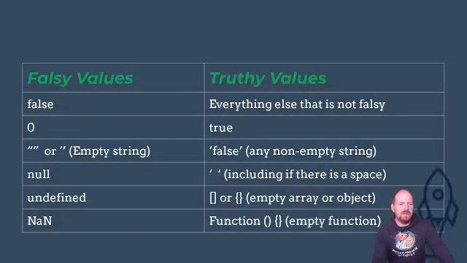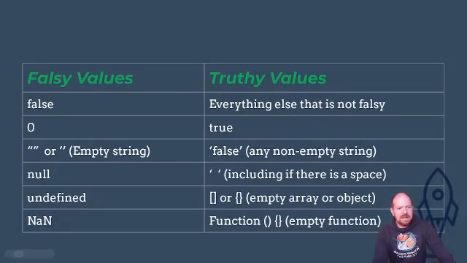But these falsy values, these 1, 2, 3, even though those are different quotes, these are double quotes or single quotes, but they're empty strings. Null, undefined, or NaN. Does anybody want to put in the chat what NaN stands for again? There we go. Yeah, not a number.